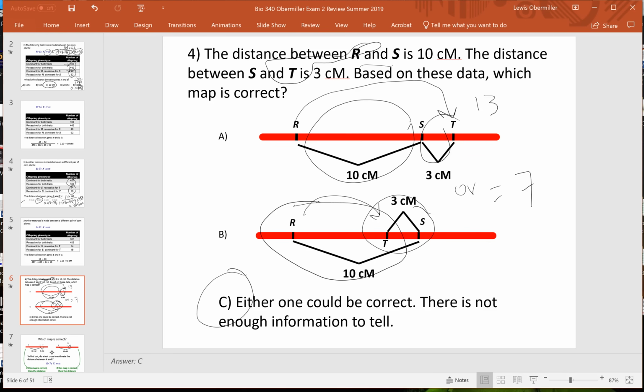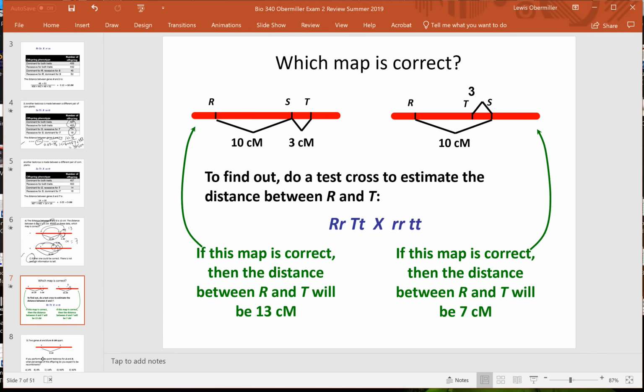So the answer is C. Not enough information to be able to tell. Okay, next. This is just showing you the way that you could figure this out is figure out the distance between R and T. Once you have that, then you would know which one of these maps is correct.